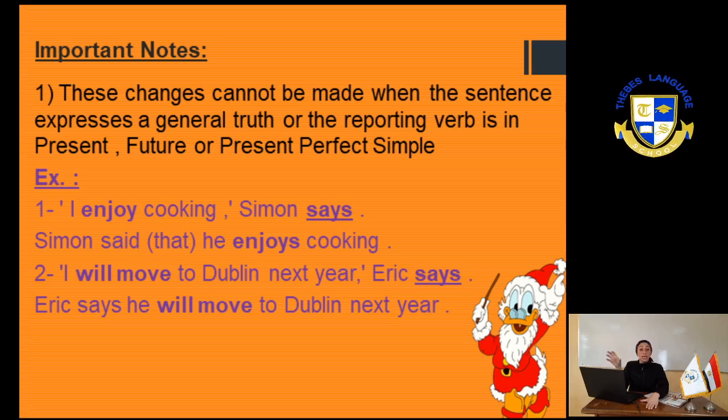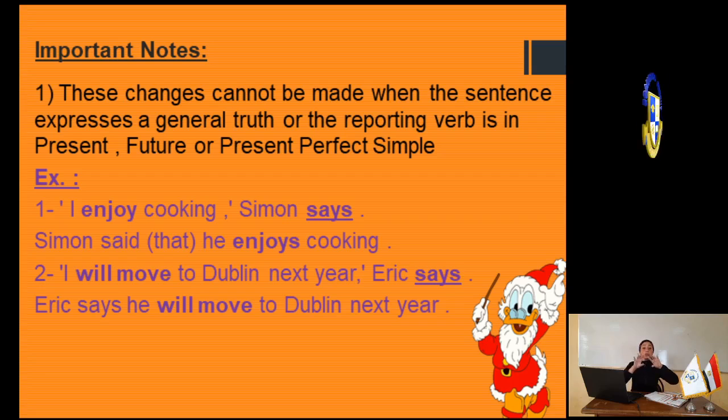Here the word "says", whether it is in the present simple, the future or the present perfect tense, only gives you a highlight, or some sparks, a clue to the answer, which is keeping the same tense. So you are going to write: Eric says he will move to Dublin next year. "Will move" stayed "will move", and we didn't change the original tense of the verb.